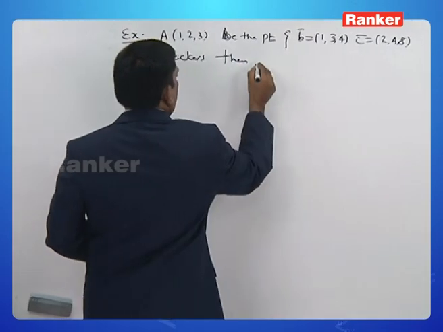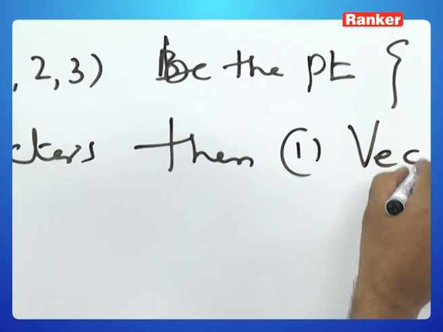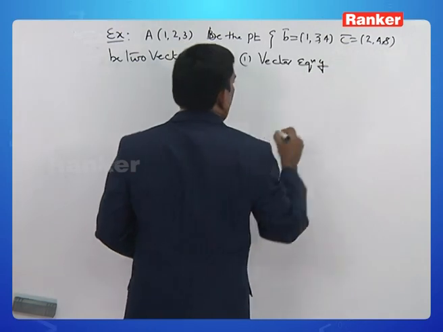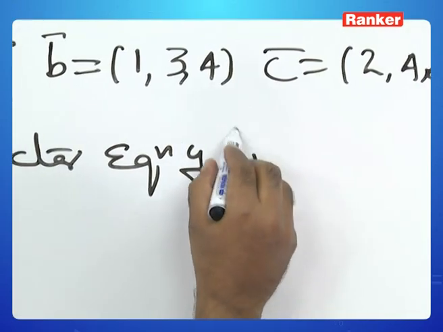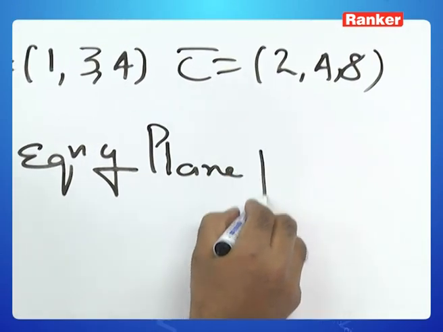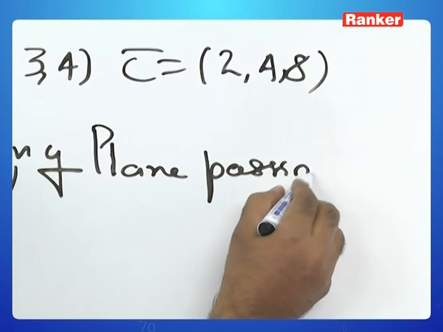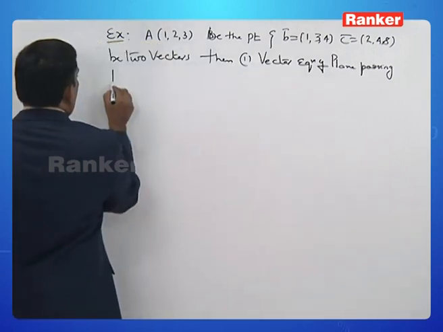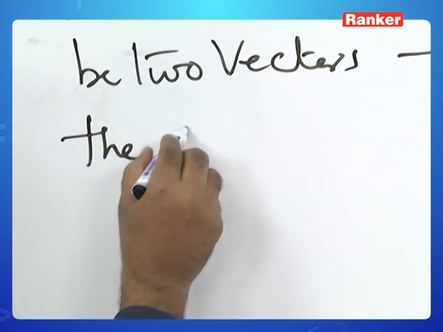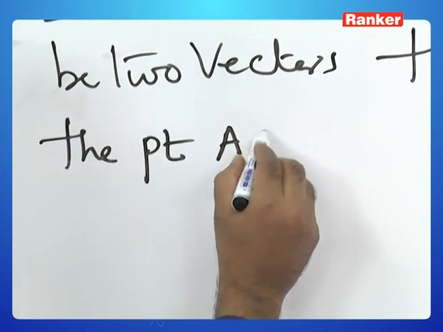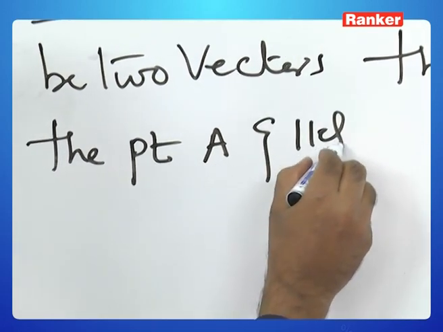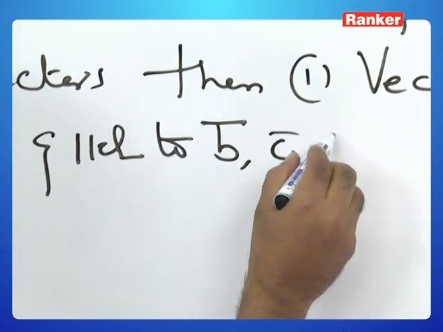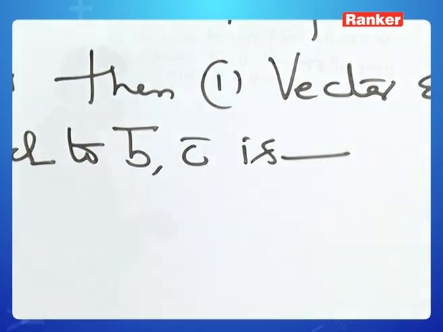Then first one: the vector equation of a plane passing through the point A and parallel to B bar, C bar.